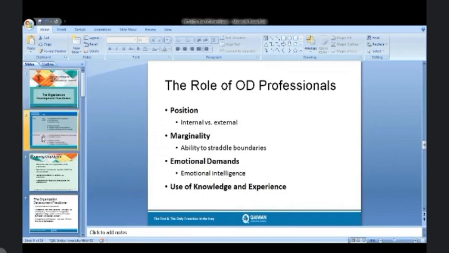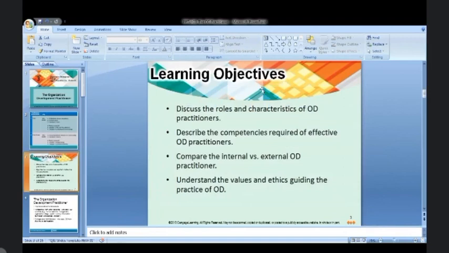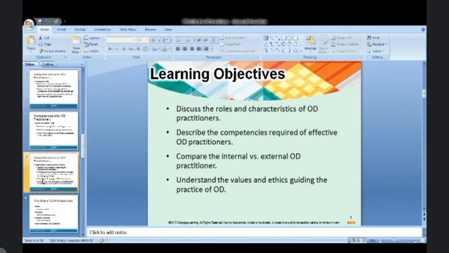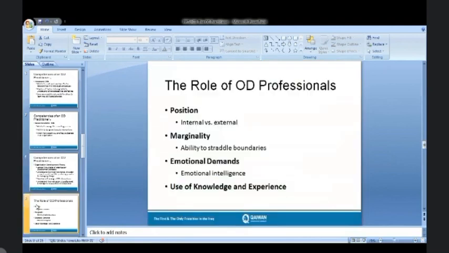Under this subject, what is more important is the role and characteristics of the OD practitioner, competencies, comparing internal and external OD practitioners, and understanding values and ethics. Internal people are internal to the organization; external are those working outside the organization, as OD consultants or professionals.